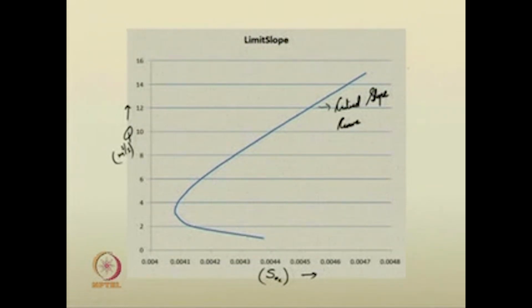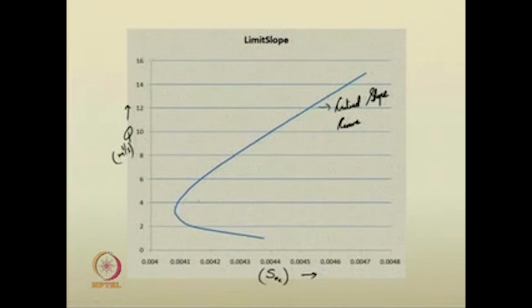Why am I showing it here? This curve will be useful when you further try to understand the gradually varied flow profiles. So, I am repeating, just remember this particular shape of the curve. We will be dealing with this curve later also. So, this is how you compute the critical slope curve.